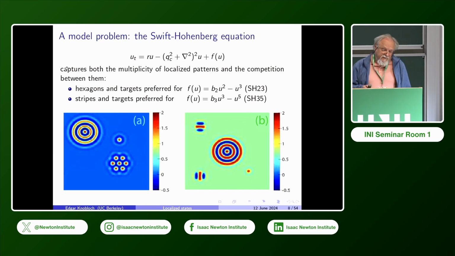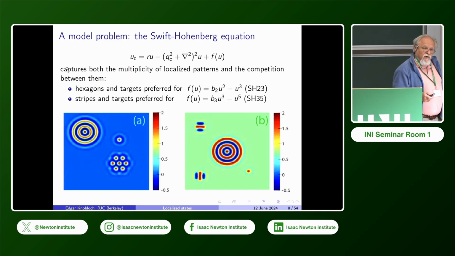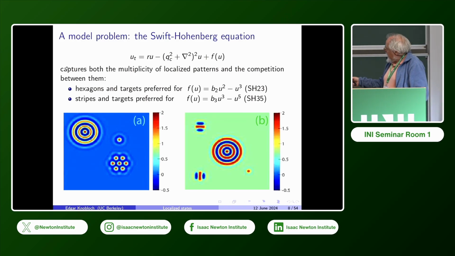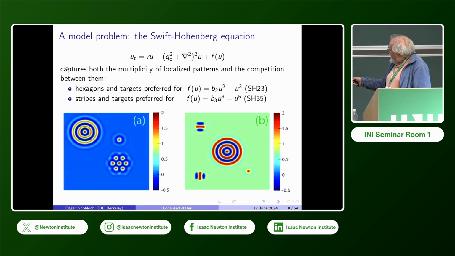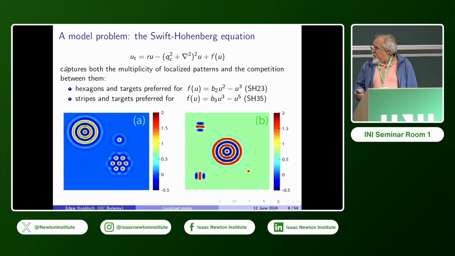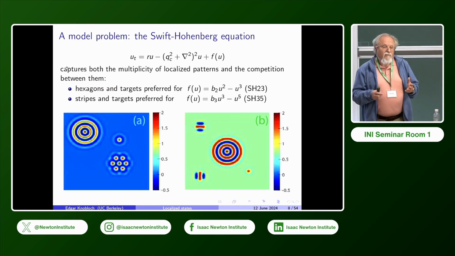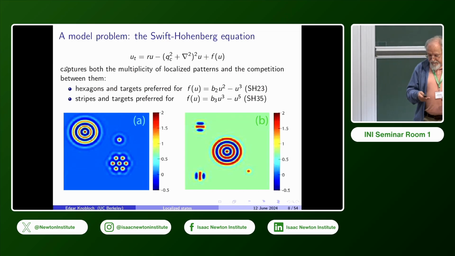You have a choice, of course, in this kind of modeling, what nonlinear terms you will choose. But the important thing is to pick a bistable nonlinearity so that, for example, the u squared term here is destabilizing and the u cubed is stabilizing. And then you can do the same kind of experiment that was done in Richter's lab that I showed at the beginning.